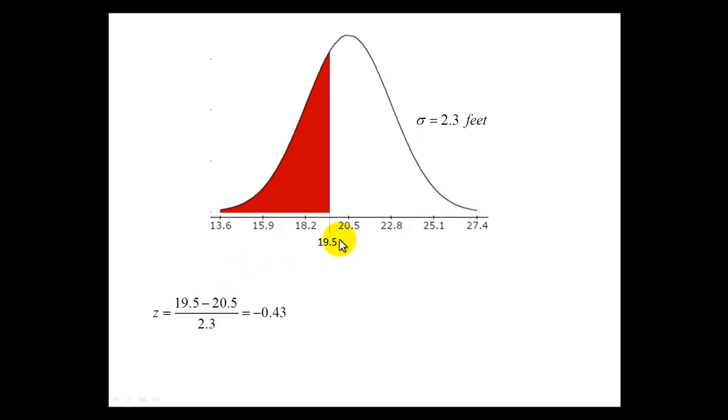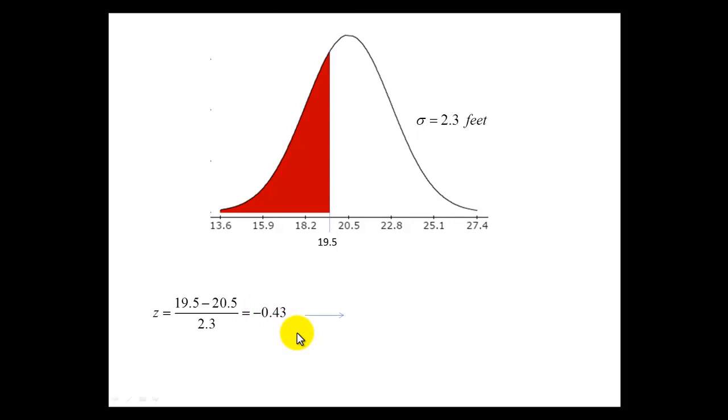I like to emphasize, it's always where did you stop along the horizontal axis and divide the curve and shade on one side or the other. So we did that at 19.5. You subtract off the mean, the middle, and you divide by the standard deviation. When you do that in your calculator, you will get a z-score of negative 0.43.